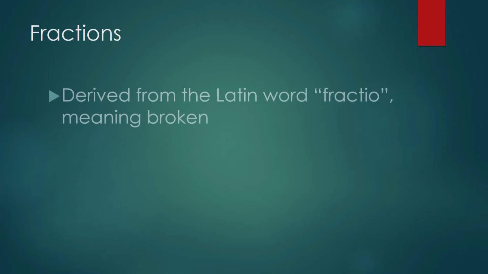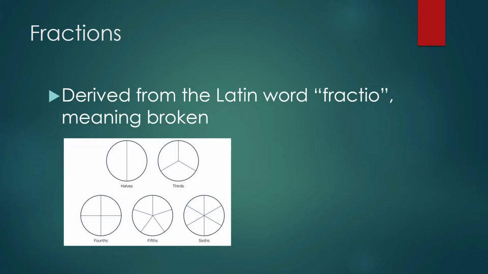Fractions. It is derived from the Latin word fractio, meaning broken. Given an object, we can divide it into two equal parts, or we can break it into two equal parts, and what you have there are halves.